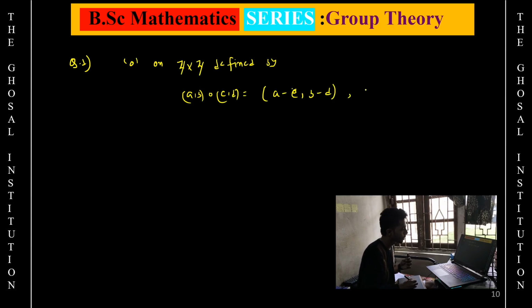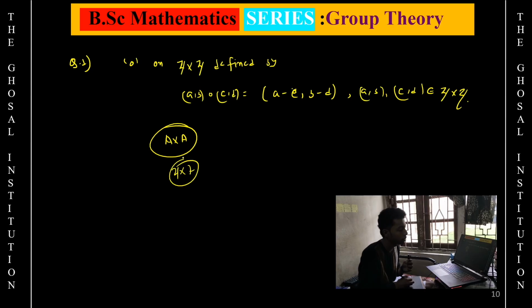A composition on Z cross Z. Now the set is Z cross Z, defined by (A, B) compose (C, D) equals (A minus C, B minus D), where both (A, B) and (C, D) belong to Z cross Z. From the very beginning we were just crossing A cross A. But if your set A is Z cross Z, then we have to take Z cross Z cross Z cross Z. So the mapping, your binary composition, is from this to Z cross Z.